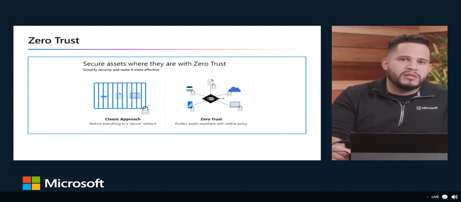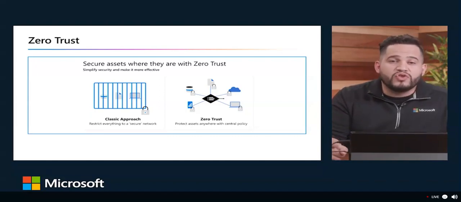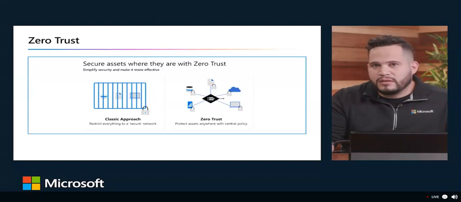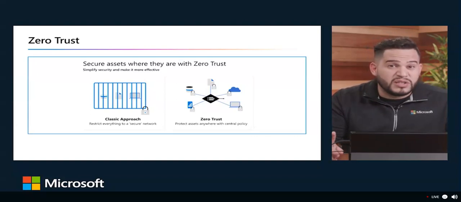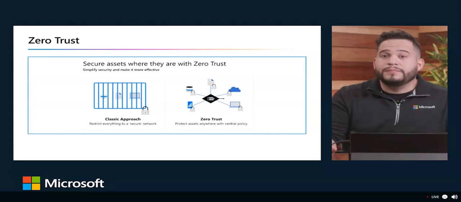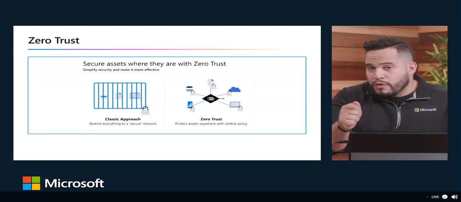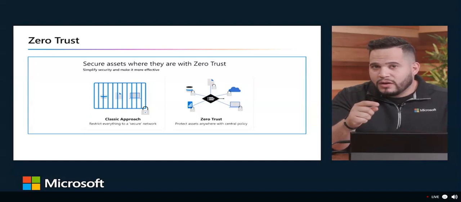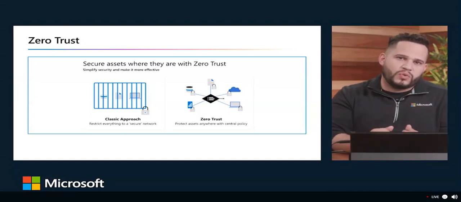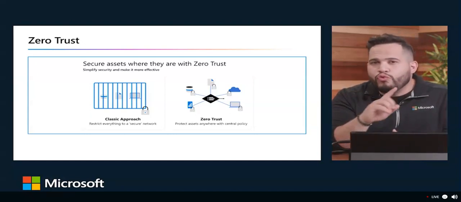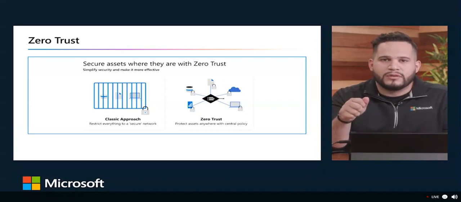Our first guiding principle is going to be verifying user access explicitly. Now, the definition for explicitly is as follows. In a clear and detailed manner, leaving no room for confusion or doubt. So again, we want to verify in such a way that it leaves no room for confusion or doubt.